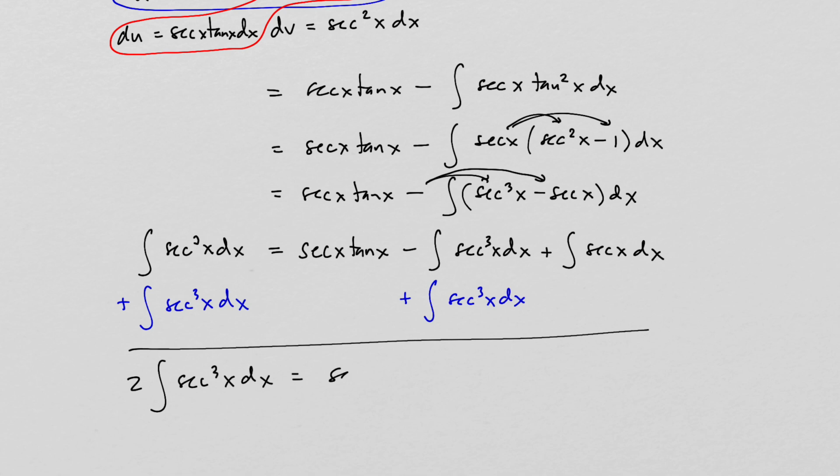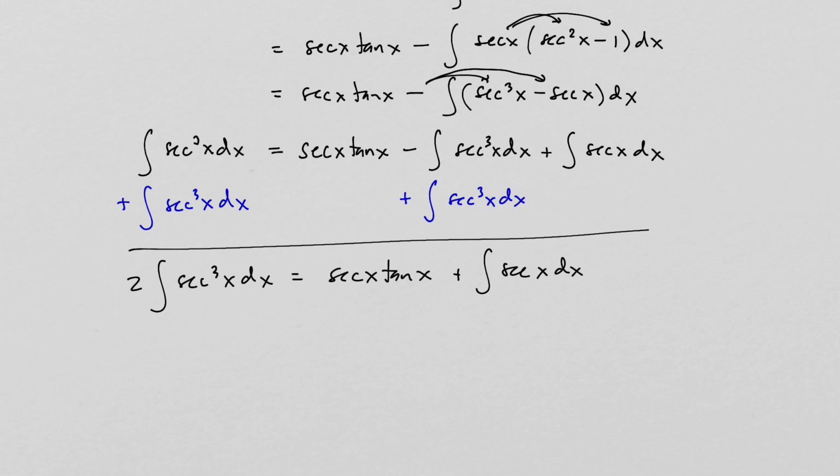And on the other side, we have secant of x tangent of x plus the integral of secant of x. But the integral of secant of x, that's that integral that we just did a moment ago that I said you should memorize. And what is it? Well, it is the natural log of absolute value of secant of x plus tangent of x.